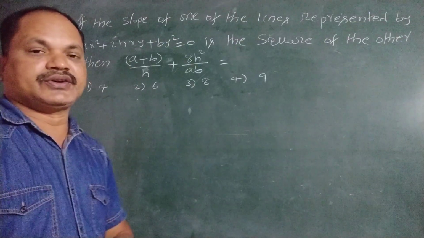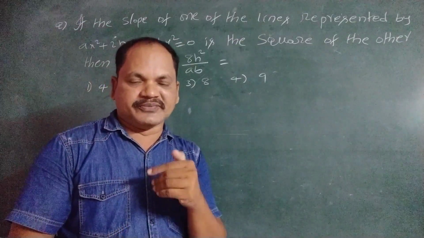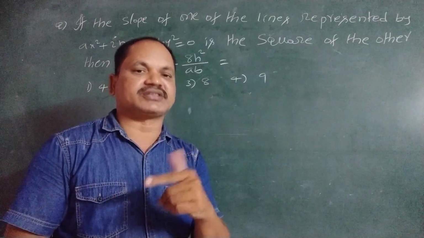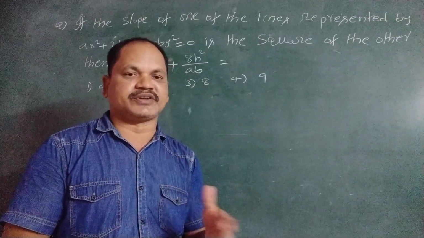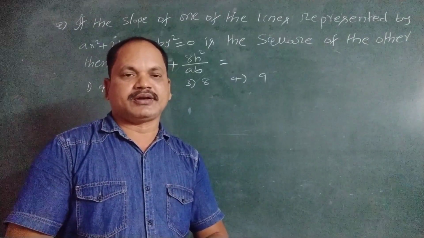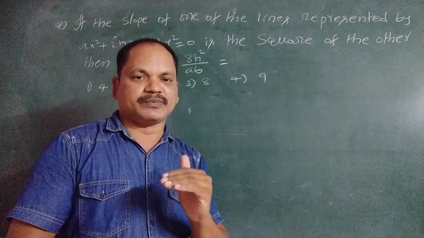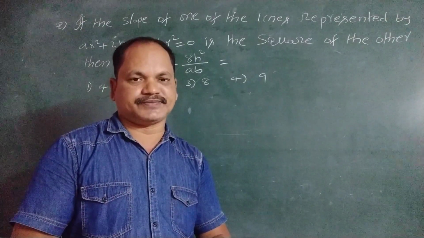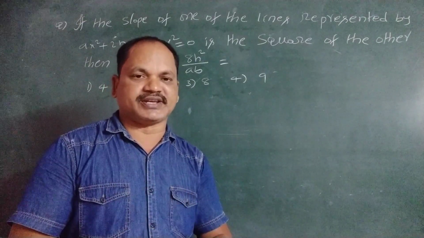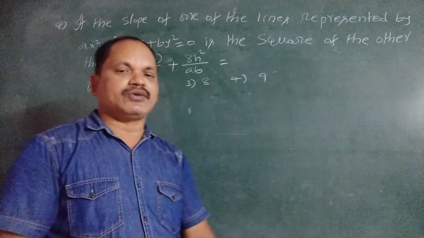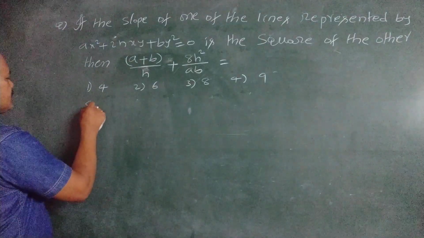Observe, this is a little bit different from the previous three questions. Of course, it also depends on the same concept, but here the ratio is not given. One slope is the square of the other slope. Suppose one slope is m, the other slope is m².